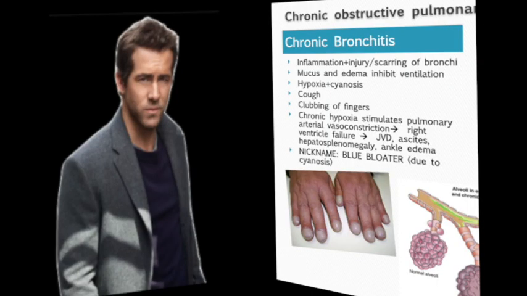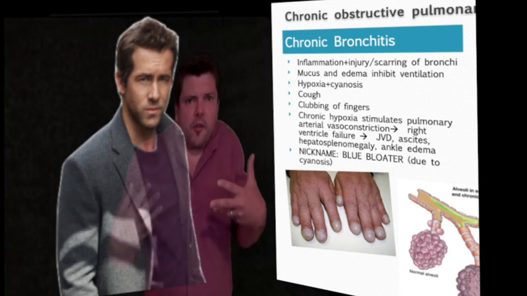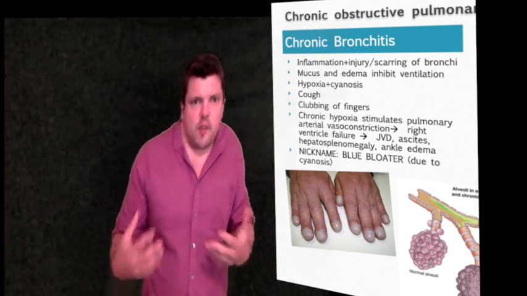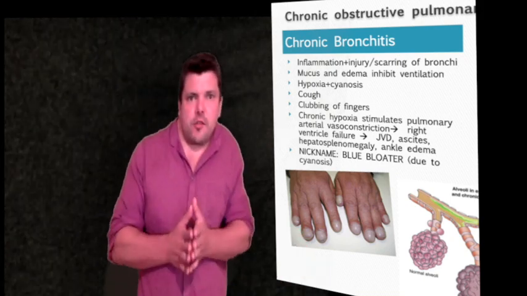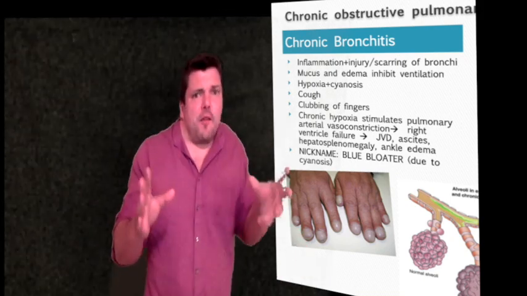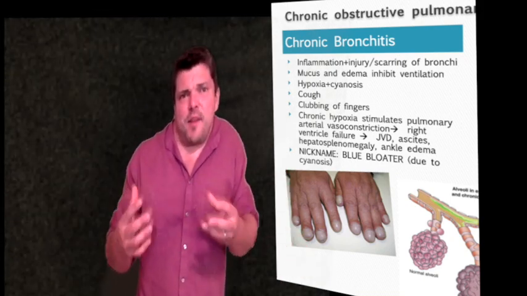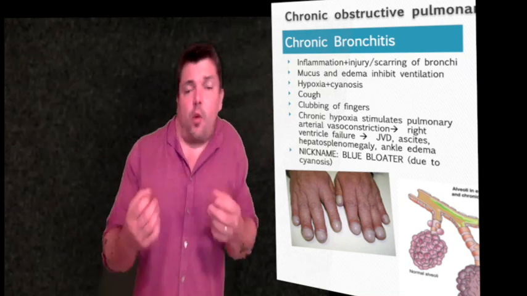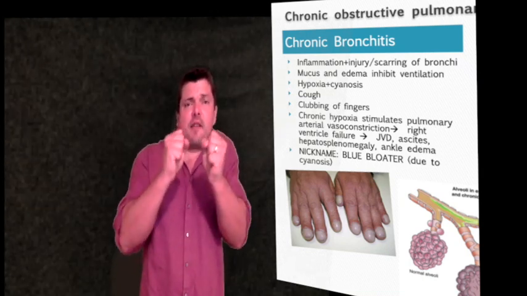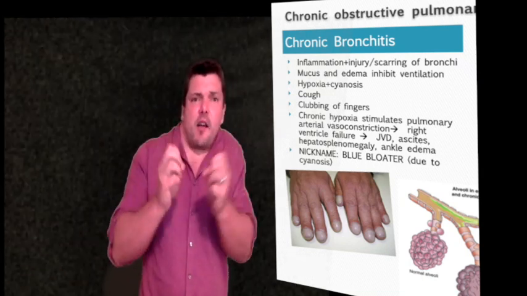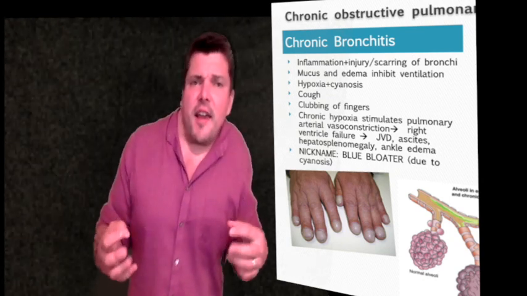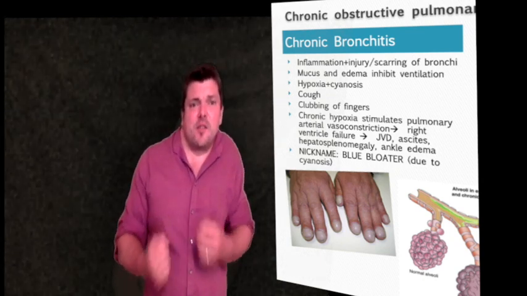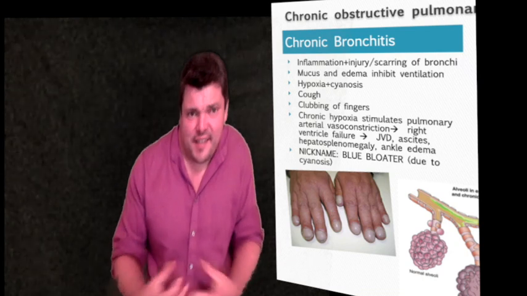So patients with chronic bronchitis are setting off an inflammatory response within their lungs over many, many years. This causes scarring of the bronchi and an inability for it to do its job. And one of the jobs is that it has to have enough expansile qualities to open and close. Scarred bronchi can't do that, and that's what leads to the obstructive process.